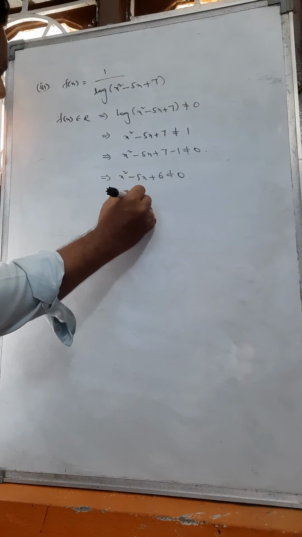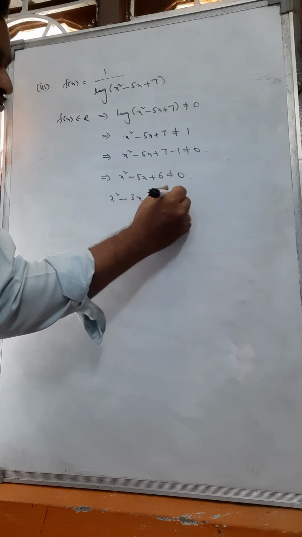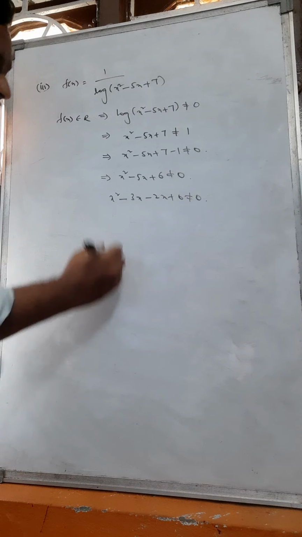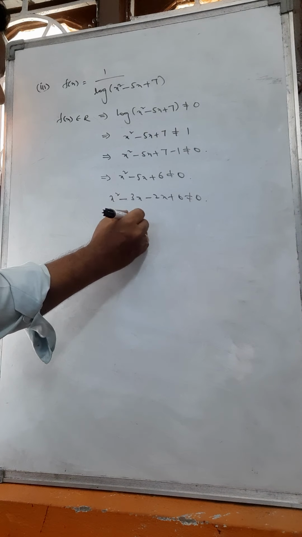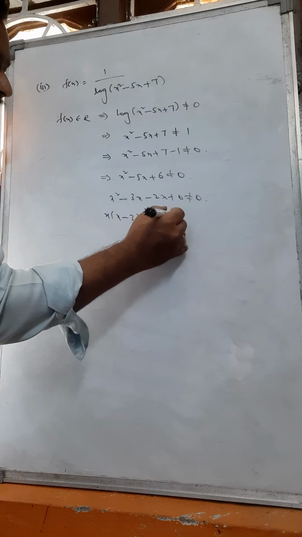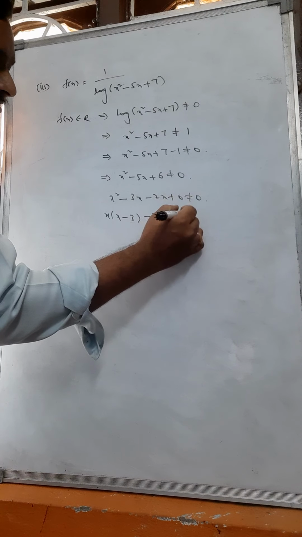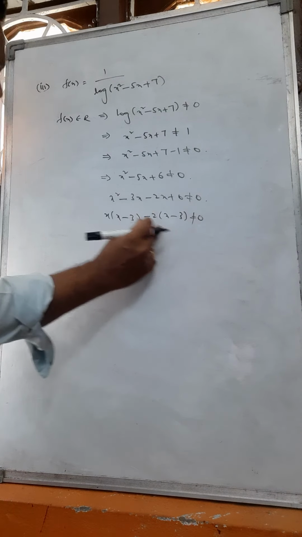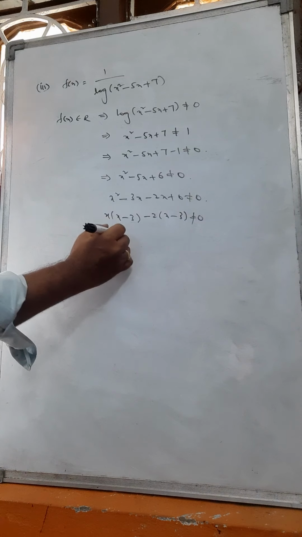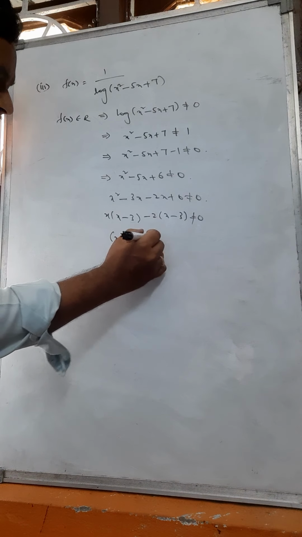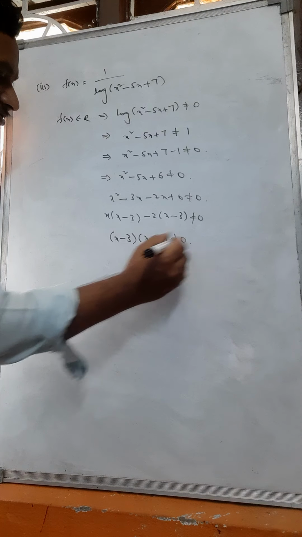X square minus 3x minus 2x plus 6 is not equal to 0. X is common, x minus 3 minus 2 common, x minus 3. So in both terms x minus 3 is common. We will get x minus 3 into x minus 2 is not equal to 0.